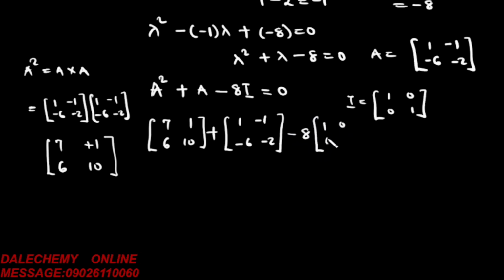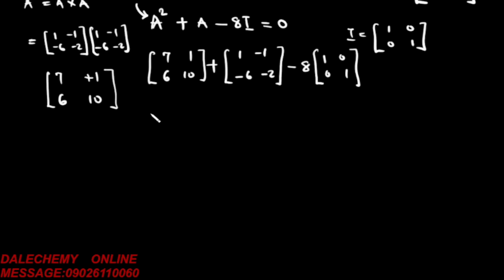So let's see, maybe this will be equal to 0. If it is equal to 0, it means that the root of that equation is actually the matrix itself. So we have 7 plus 1, that will be 8, 1 minus 1 is 0, 6 minus 6 is 0, and we have this minus this, which is 8.